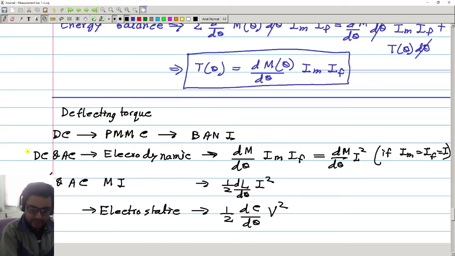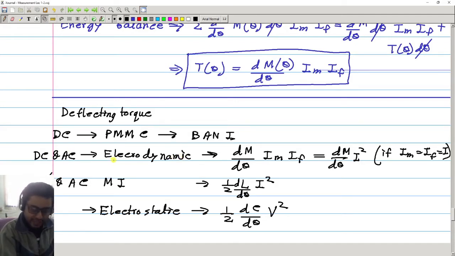In fact, electrodynamic instruments are used for both DC and AC. Let me just tell you a small fact, you don't have to remember this. Electrodynamic instruments are also called transfer instruments because they can measure both DC and AC.